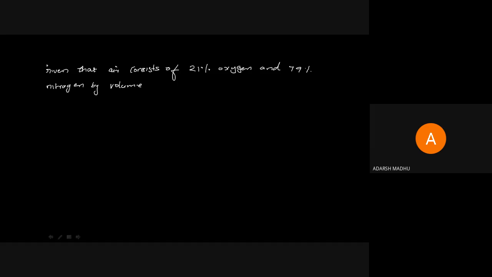The volumetric analysis of air gives that it contains 21 percent of oxygen and 79 percent of nitrogen in it.